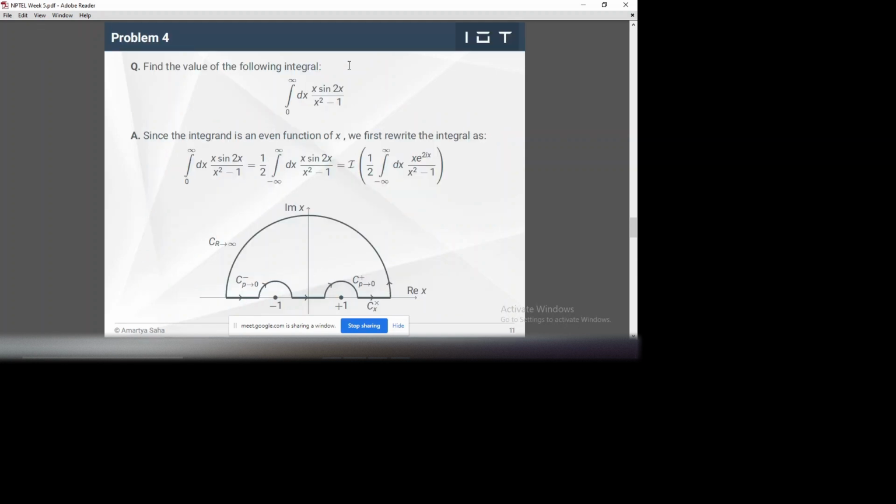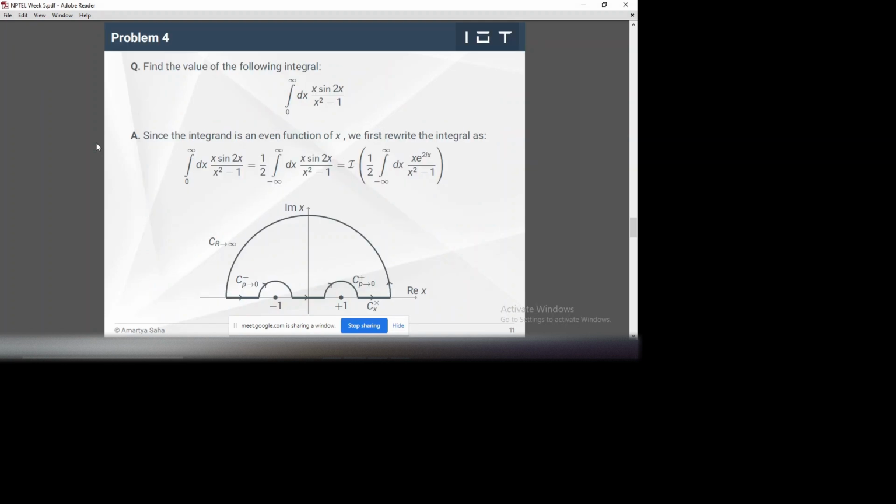In the previous two problems, we did not have this problem. There the singularities were only on the upper half plane or lower half plane, but not exactly on the real line. But here they are exactly on the real line.